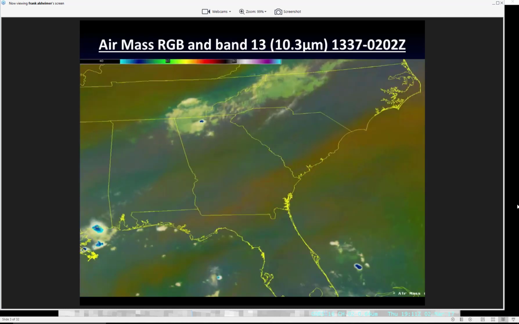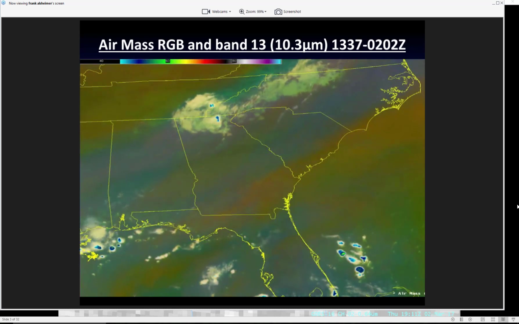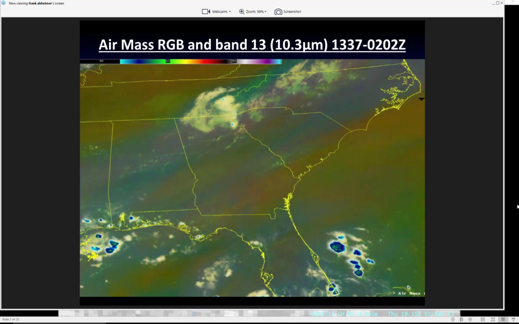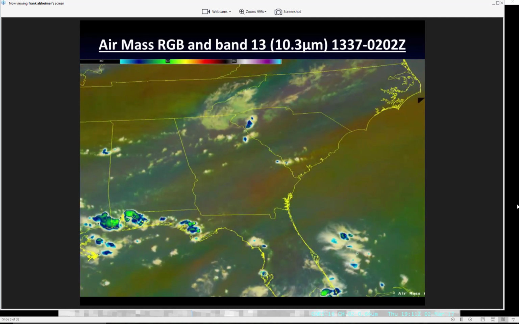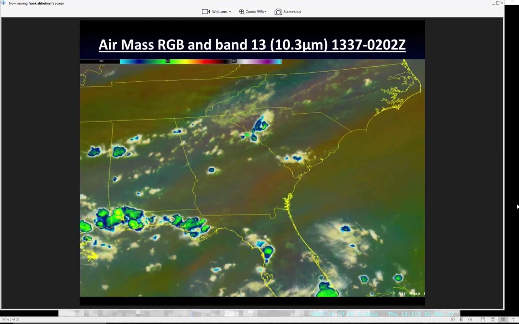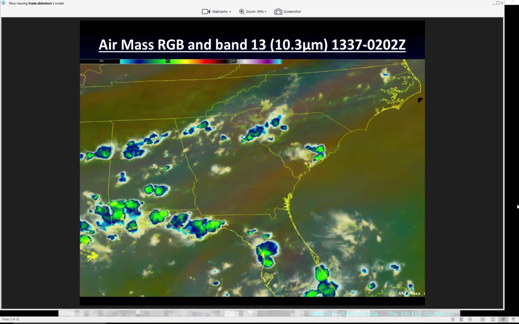So one thing I like to do with this RGB is overlay on top of it the colder cloud tops from the 10.3 or the band 13. And to me, in this way, I can see the convective towers develop, and they really stand out for me a little bit more than they do otherwise with just the regular RGB.